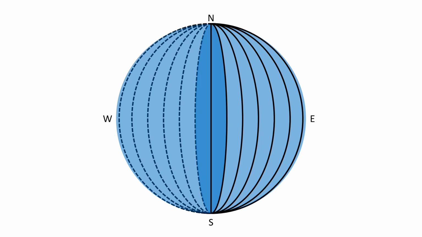In this way, we join the north and south poles of the Earth through some arcs. These arcs are called the meridians. Each of the meridians describes a specific location on the Earth's surface in terms of an angle called the longitude.